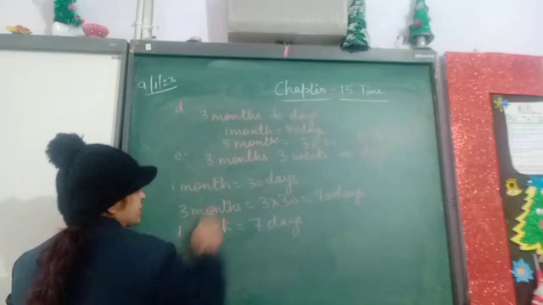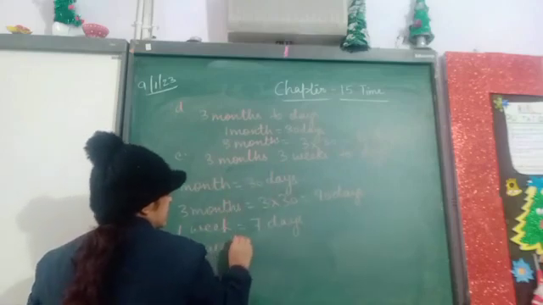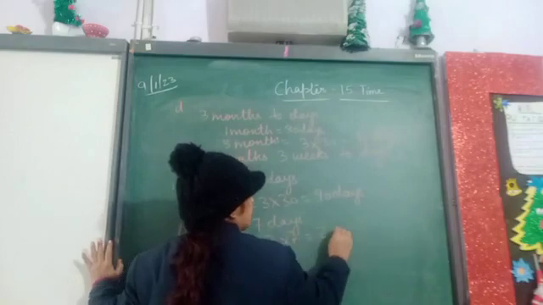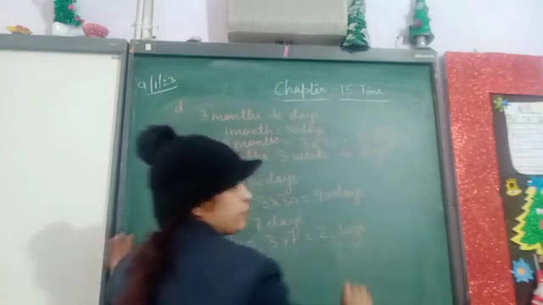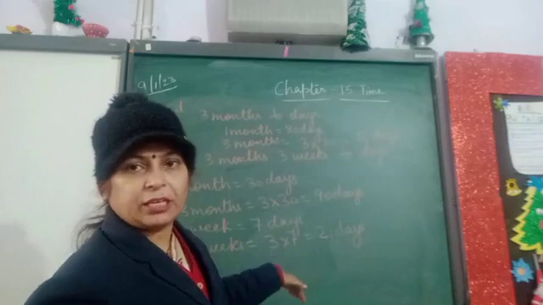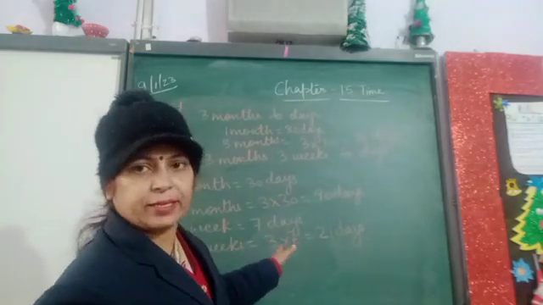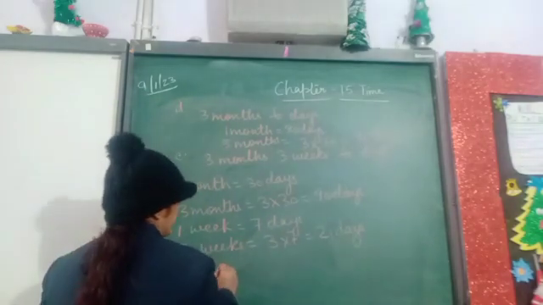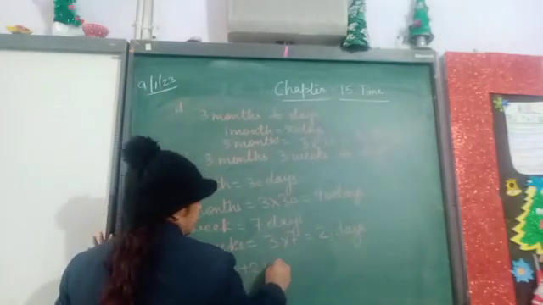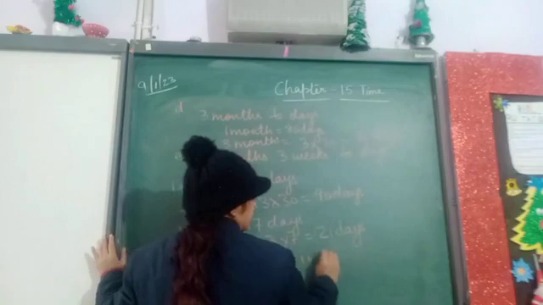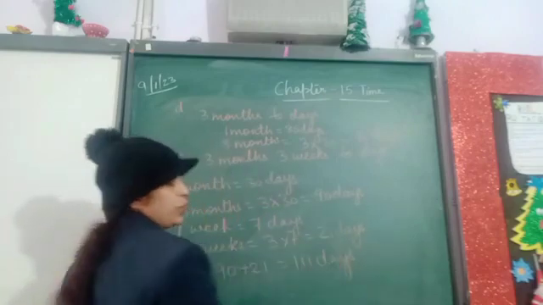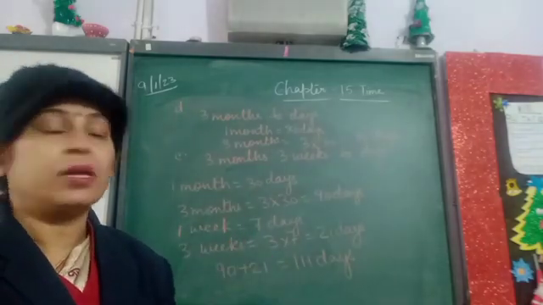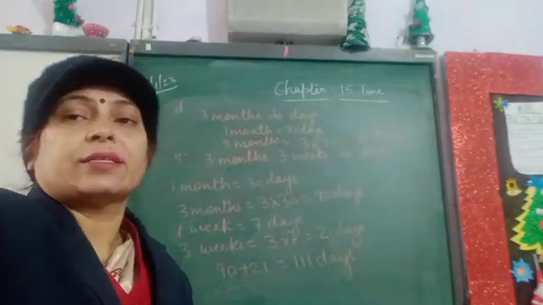So 3 weeks will be 3 sevens are 21 days. Why? Because weeks is bigger than days, so from weeks to days you are changing, so you will multiply it. So 90 plus 21 will be 111 days. Adding the 2 days, if you change 3 months, 3 weeks, 2 days, it will be 113 days.